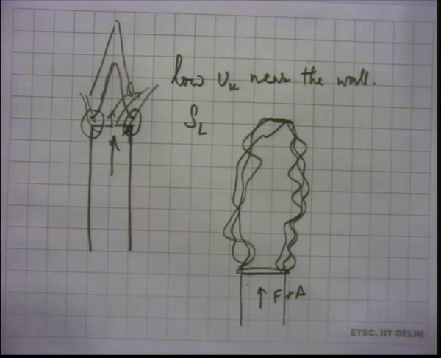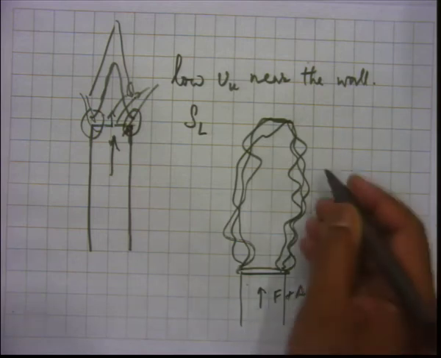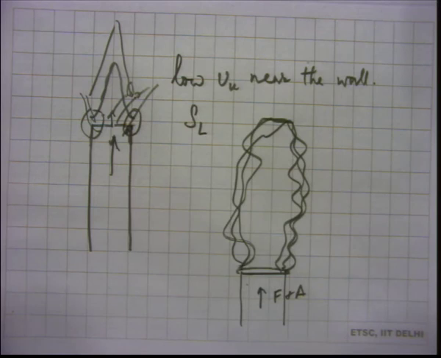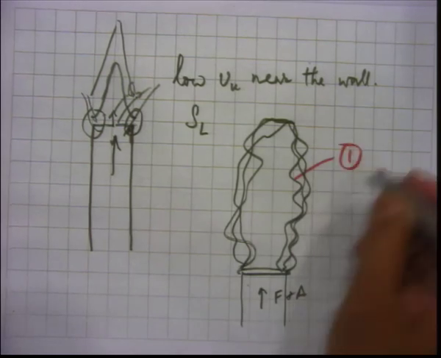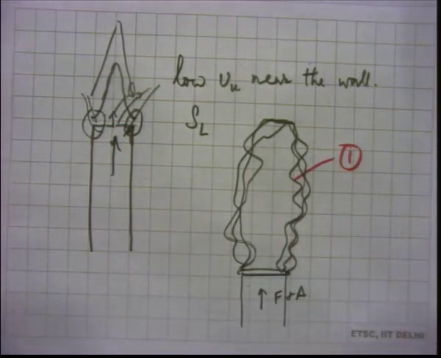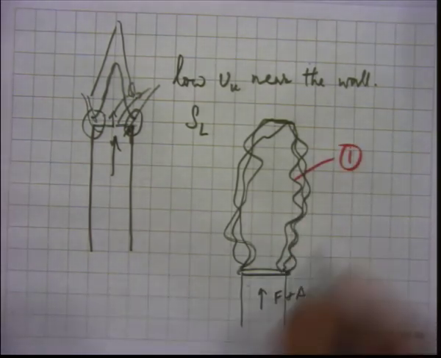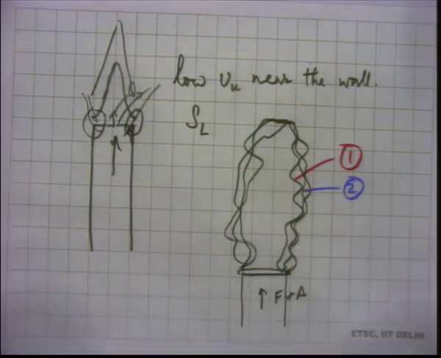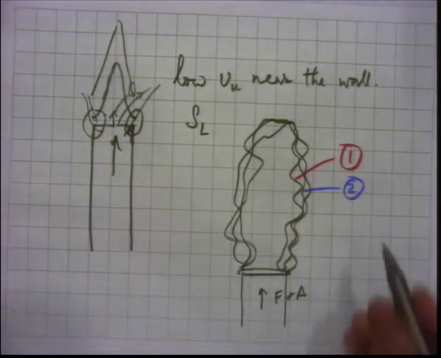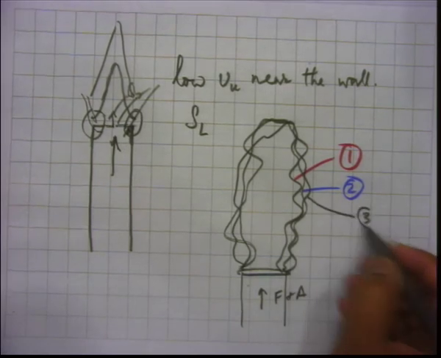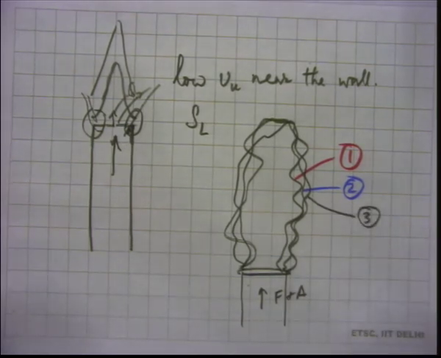But what is in fact happening is, if you can think of this as 1, this as 2, and this as 3, then at one instant of time you get 1, the next instant of time 1 becomes 2, like that.